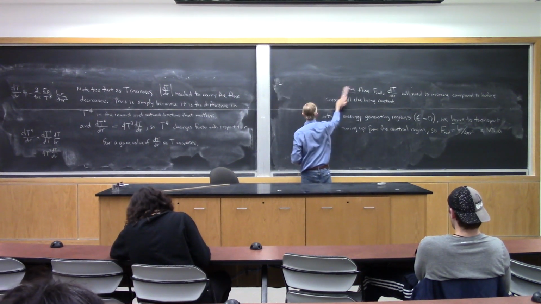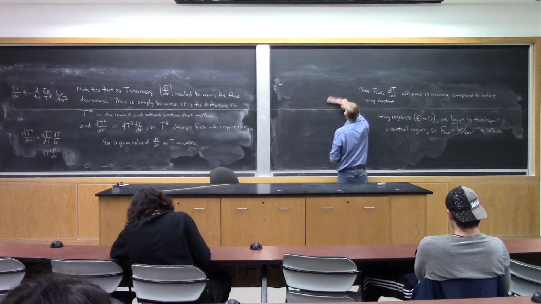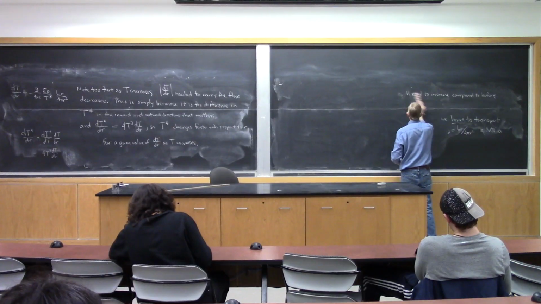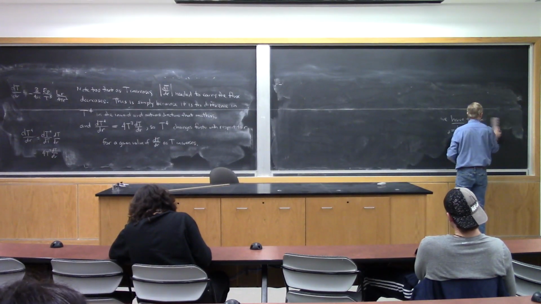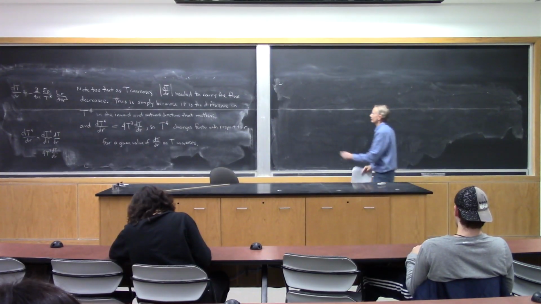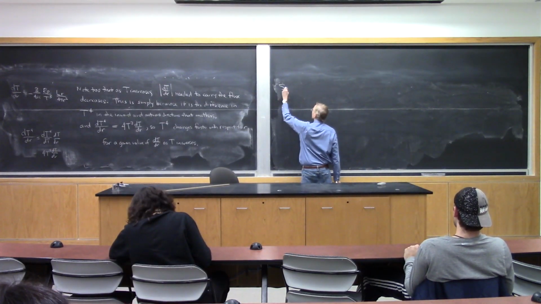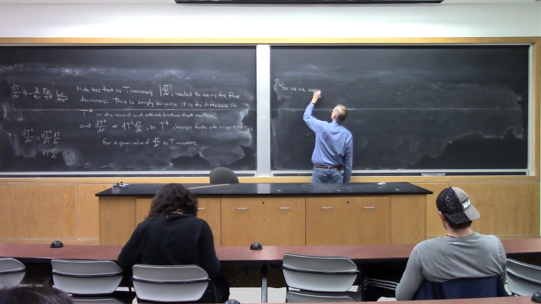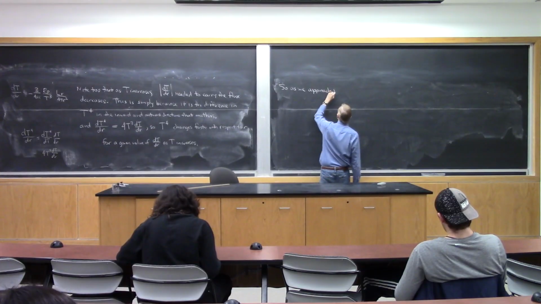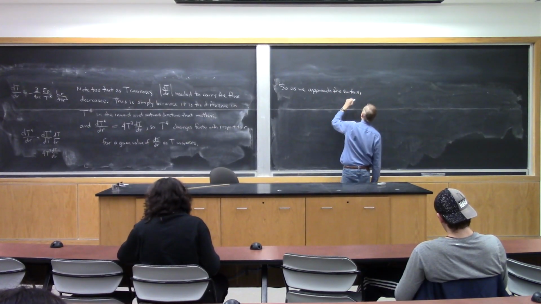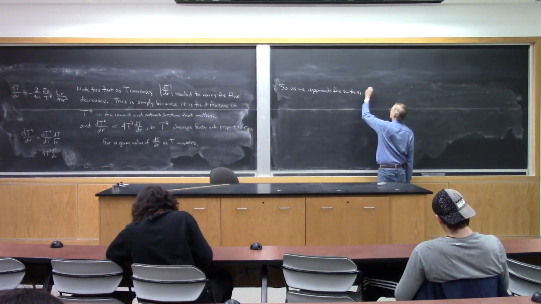But then this is saying something very important, which is taking us to our next adventure. We're going to get all bubbly soon. So as we approach the surface, what's happening to T?